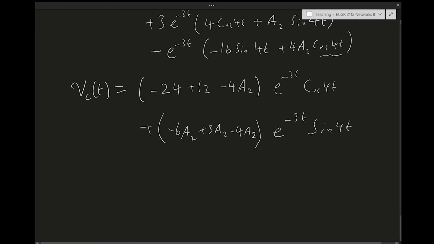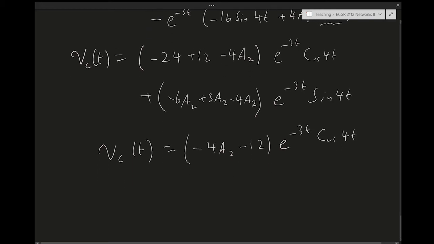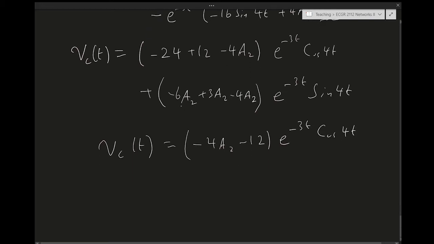So I end up with VC of t being, let me simplify this. This is going to be minus 4A2, 12 minus 24 is minus 12, e to the minus 3t cosine 4t. And then minus 6 minus 4 is minus 10A2 plus 3 is going to be minus 7A2, e to the minus 3t sine 4t.